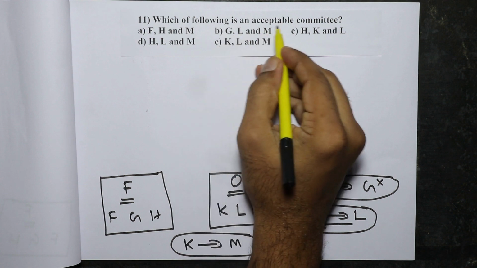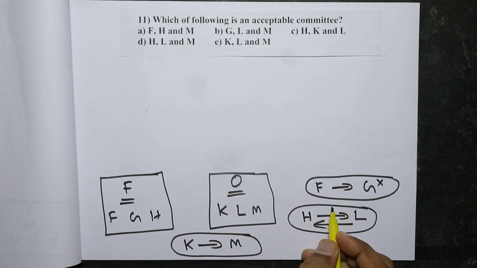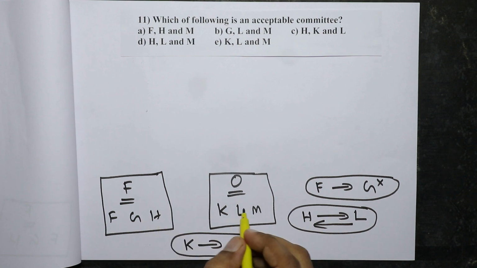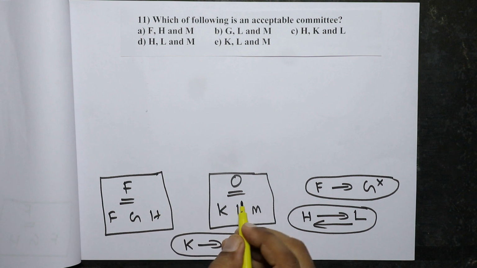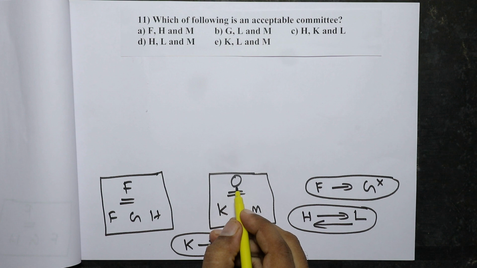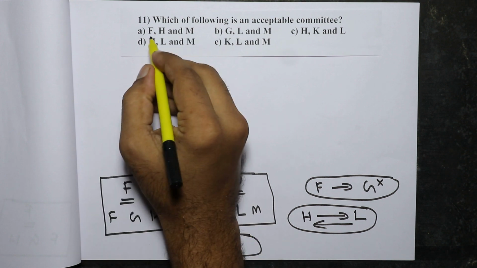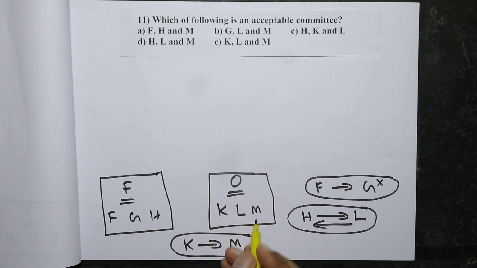Which of the following is an acceptable committee? So all these conditions are to be satisfied. So we look at the conditions one by one and we'll eliminate those options which are not satisfied. Now one condition is that at least one must be from finance and one must be from operations. So you have F, H and M, that is satisfied.